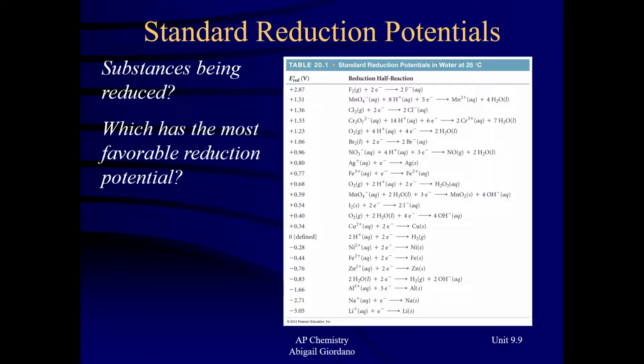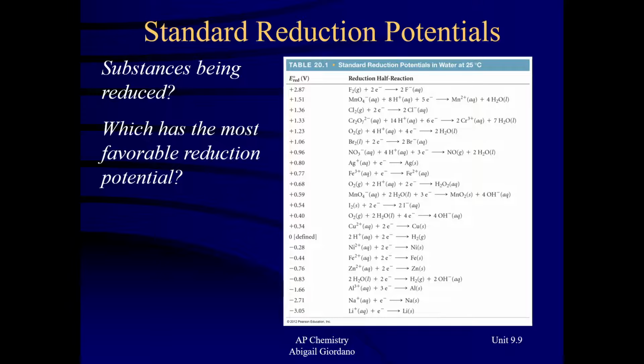And in terms of electrochemistry, the most favorable processes have the most positive potentials. Let me say that again. The most favorable processes, favorable meaning spontaneous, likely to happen on their own, are the ones that have the most positive potentials.